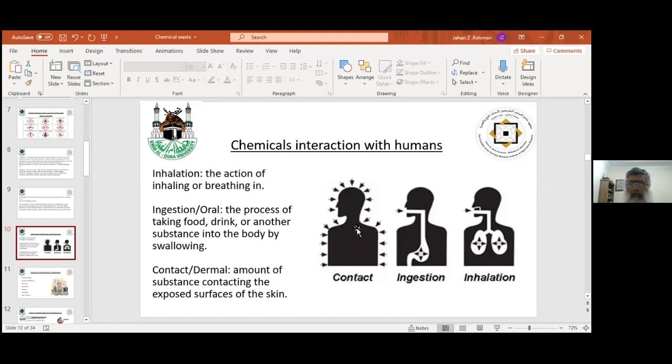Ingestion: it is not logical to say that someone drinks acid or eats something harmful, but if I take the example of NaCl, the table salt, we all eat salt every day. Again, this depends on the chemical, whether it is toxic or harmful. There is a wide range of chemicals, so we cannot put a single rule on all chemicals. There is a difference between sodium hydroxide and NaCl.